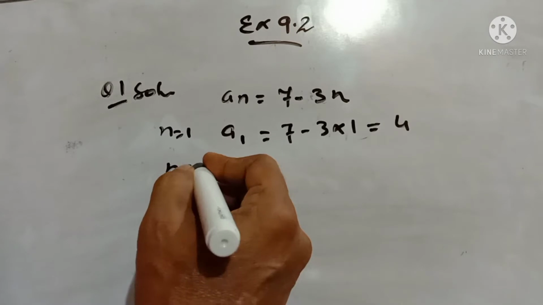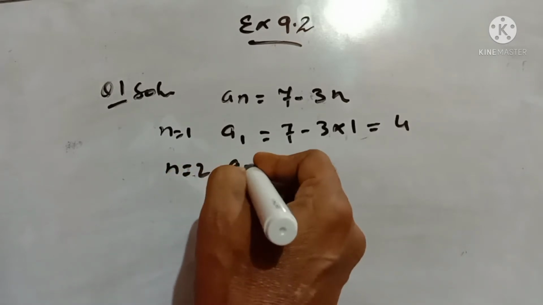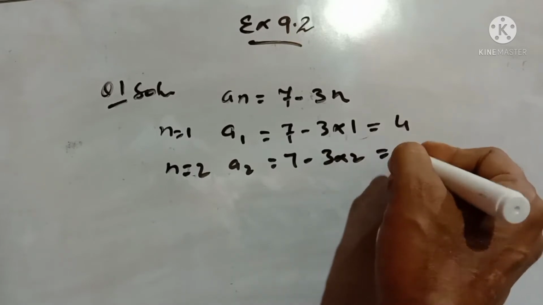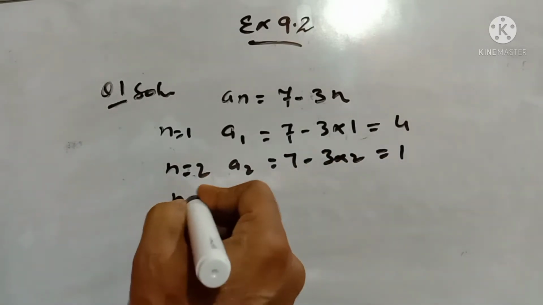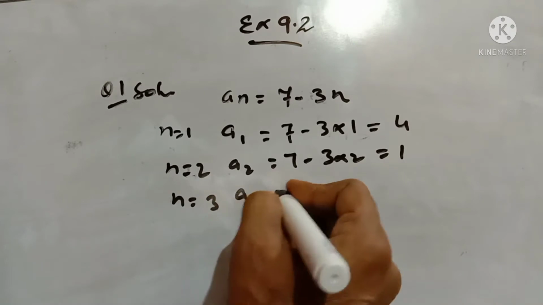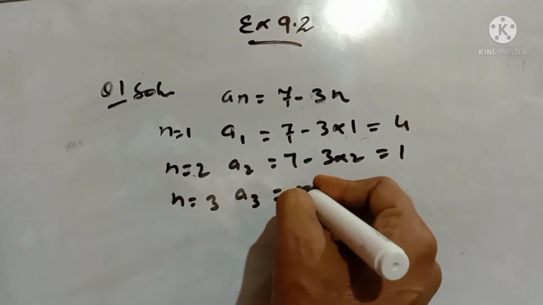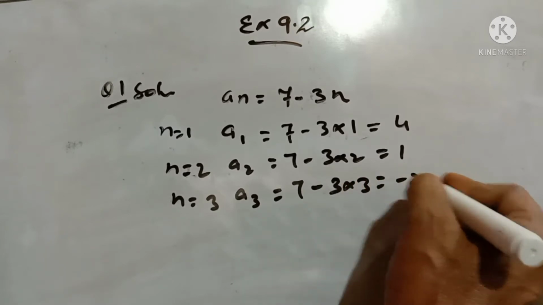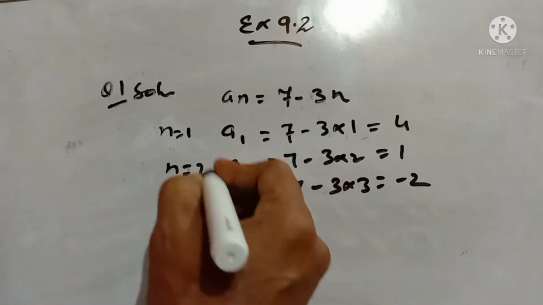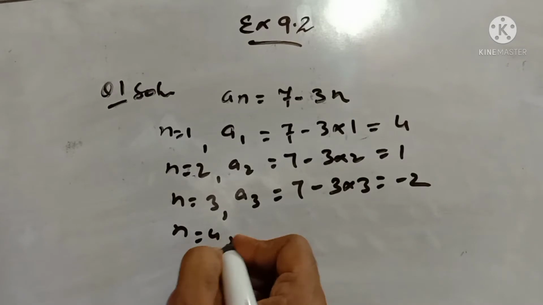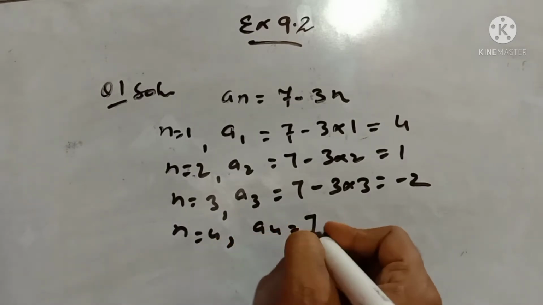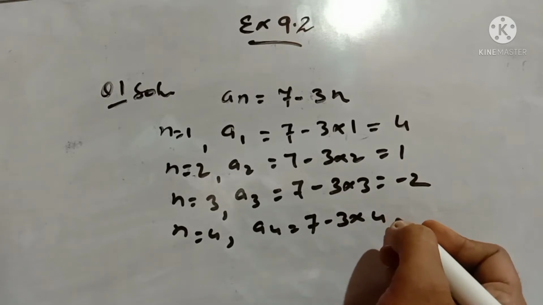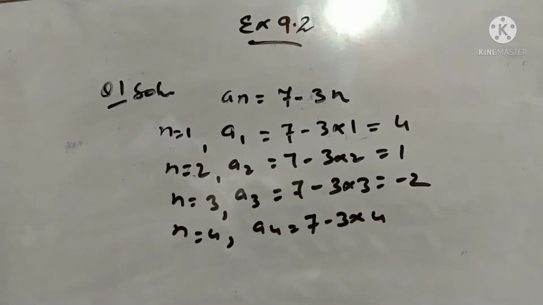When n equals 2, a2 equals 7 minus 3 into 2, that is 1. N equals 3, then a3 equals what?